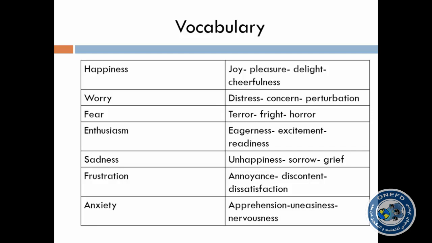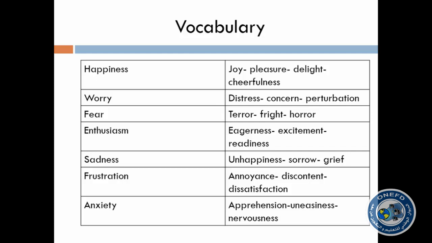We have provided you with some synonyms for the words that you have already seen in this task. For example, happiness is synonymous with joy, pleasure, delight, and cheerfulness. And note the word delight. The GHT is a consonant cluster, but the letters G and H are silent letters.